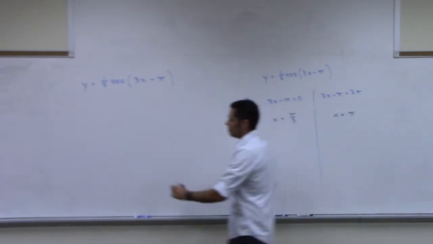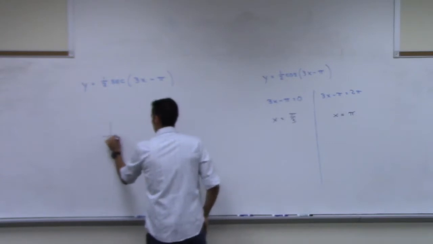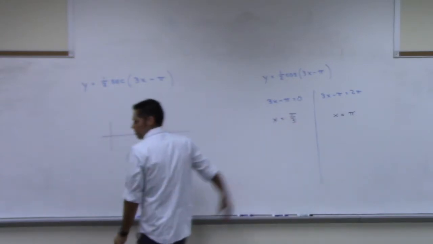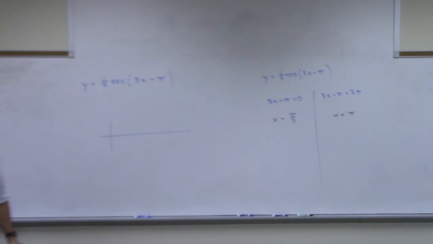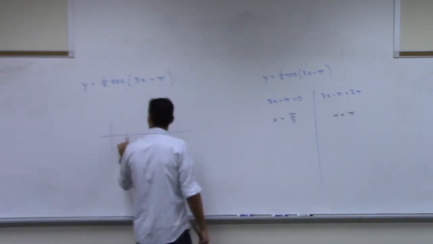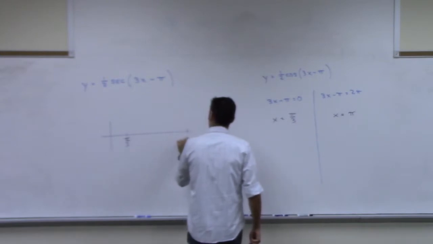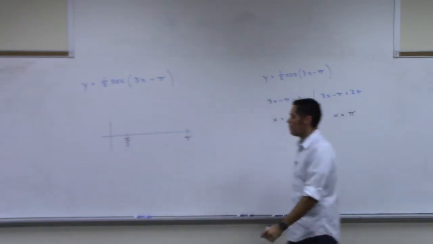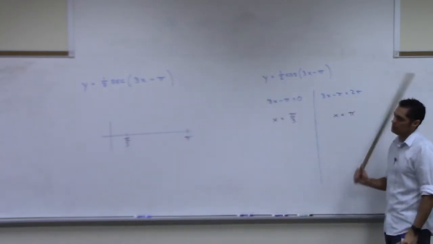Now I'm going to start drawing this. Are you comfortable with which one of those is on the left and right? Yes? Pi over 3 versus pi? Okay, so pi over 3 is somewhere around here. Pi is, I don't know, about right there. Now what?